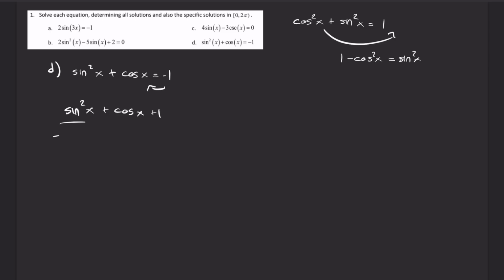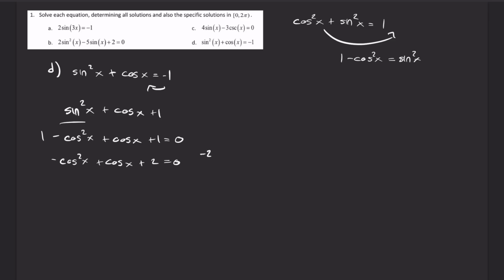And we'll have 1 minus cosine squared x plus cosine x plus 1 equals 0. Now if we rearrange this to make it look a little nicer, we'll have negative cosine squared x plus cosine x plus 2 equals 0. Now we can solve this because it's a quadratic.